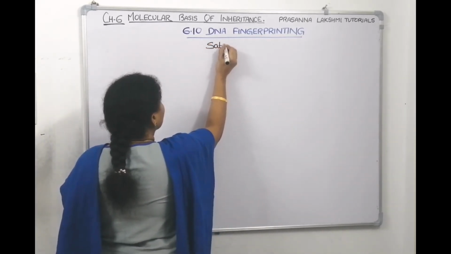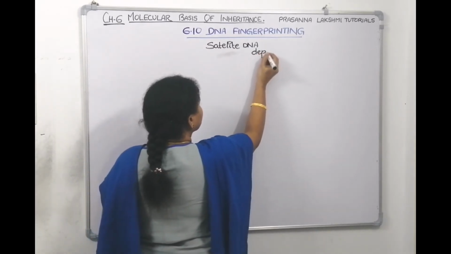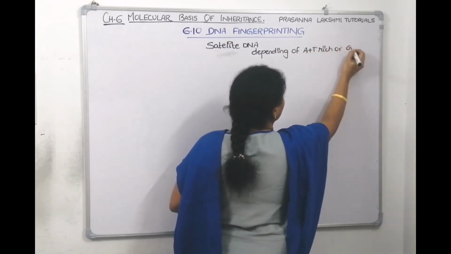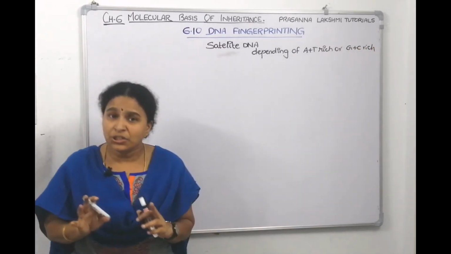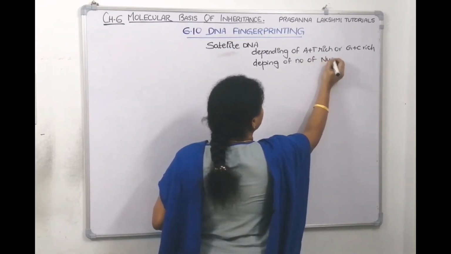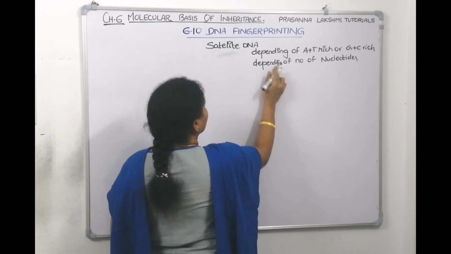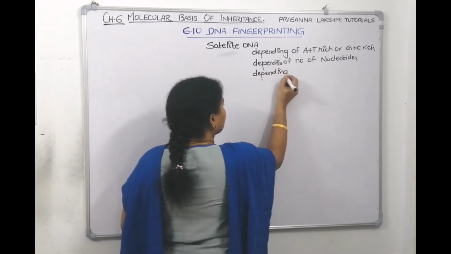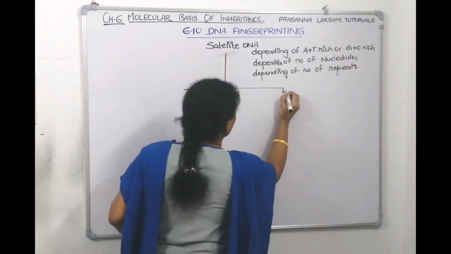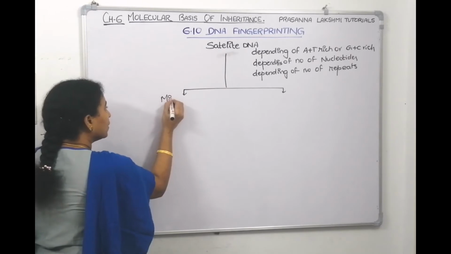So the satellite DNA, depending on AT rich or GC rich sequences, depending on the number of nucleotides, and depending on the number of repeats also, we can divide it into microsatellites and mini satellites.